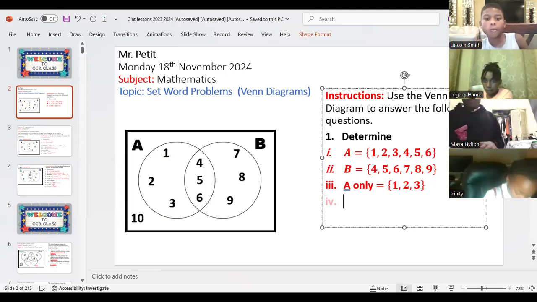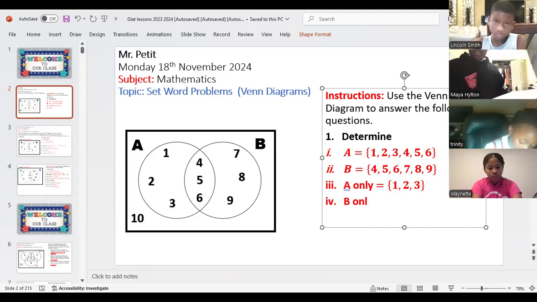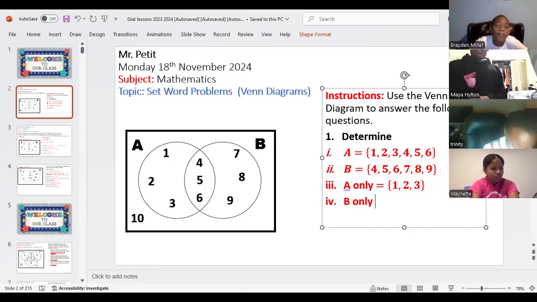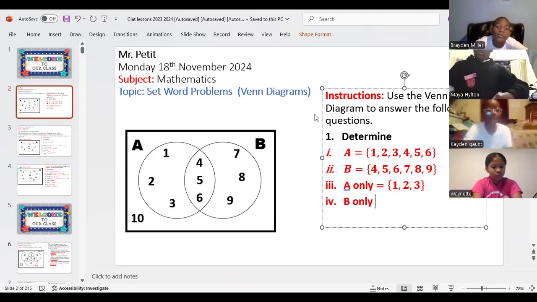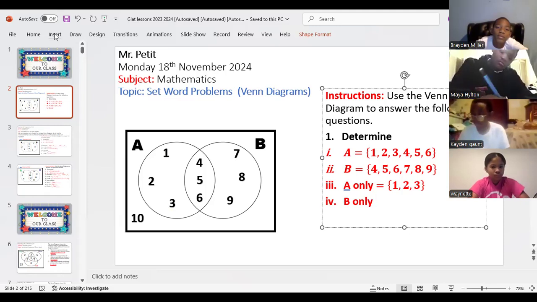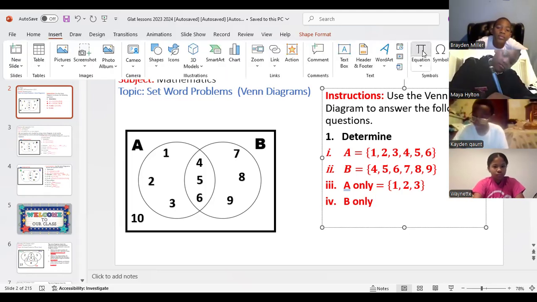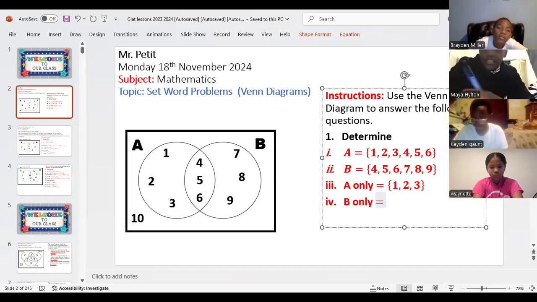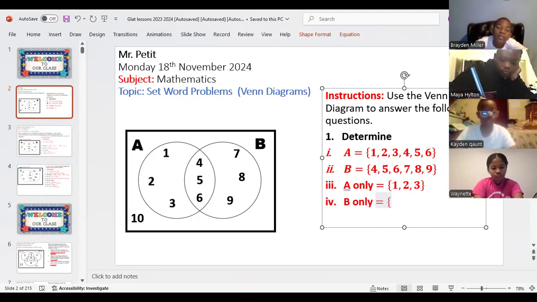Now B only. 7, 8, 9. Very good. B only is going to be 7, 8, and 9. Kaden, what is B only? 7, 8, and 9. Very good.